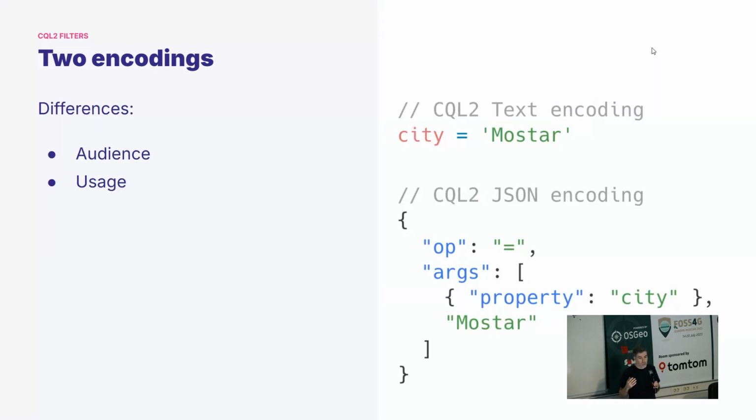So why two encodings? First of all, as I said earlier, the audience: people versus computers. Some computers can read CQL text. There are some services that support this, but it's not super common. Usually, it's maybe easier to send CQL text as a GET request and CQL JSON as a POST request.